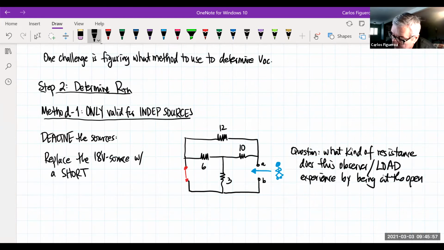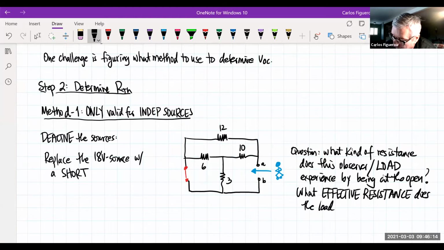In other words, what effective resistance does the load feel? And the effective resistance that the load feels is what we call the Thevenin resistance.